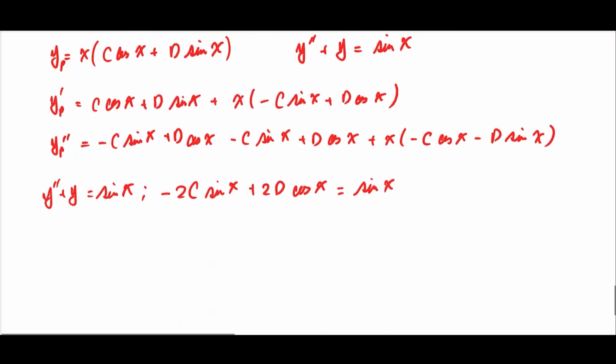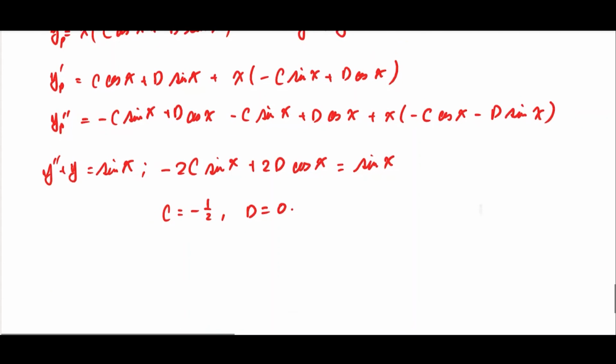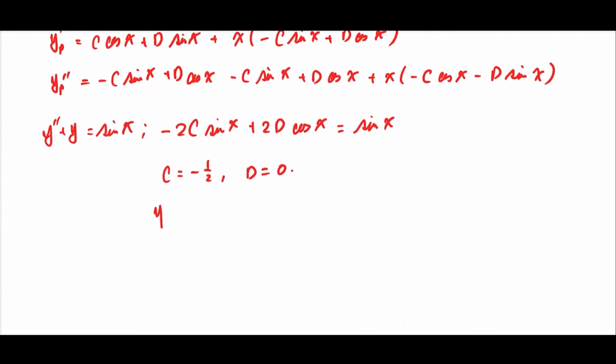Told you this is going to work. Then that tells you c is equal to minus 1/2 and d is equal to 0, eh? Okay, then our y particular solution is equal to minus 1/2.